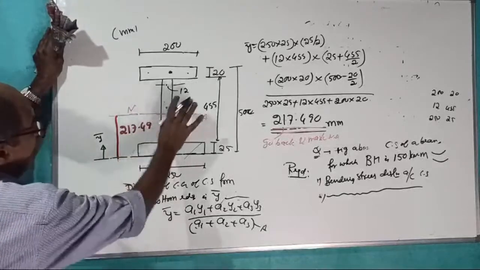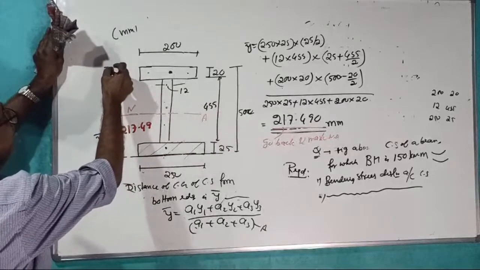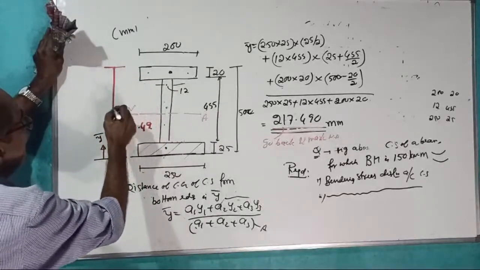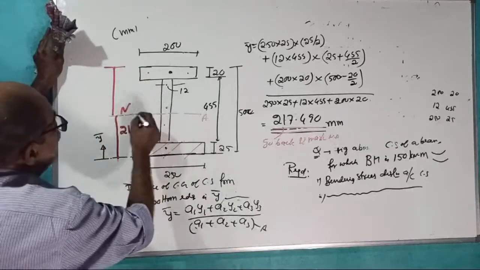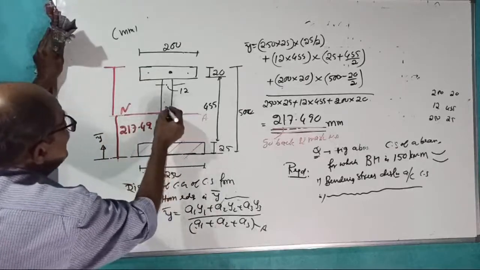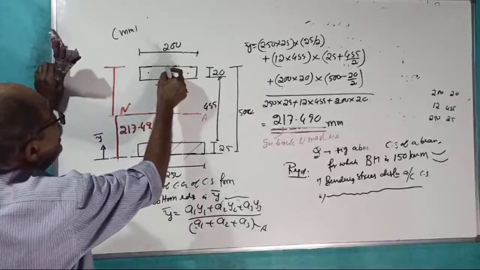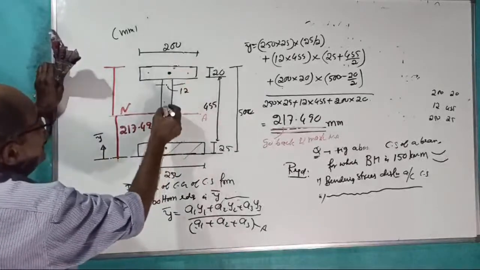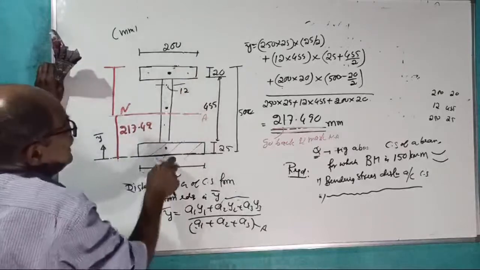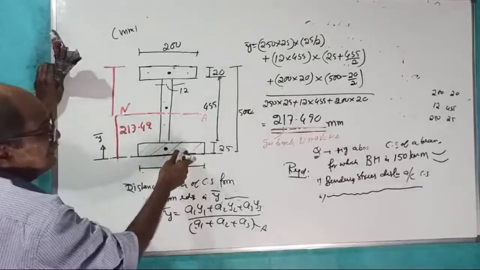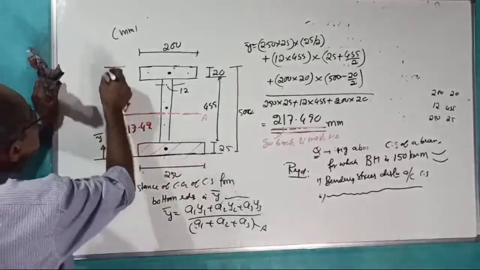217.49. Children, tell me. See, actually third decimal 0 is not required. Tell me, what is this distance? This is the neutral axis. See, individual CGs are here. This is the CG of the upper top rectangle, the CG of the middle rectangle, that is called the web, and the CG of the bottom rectangle, that is called the bottom plane. Tell me this distance, fast.